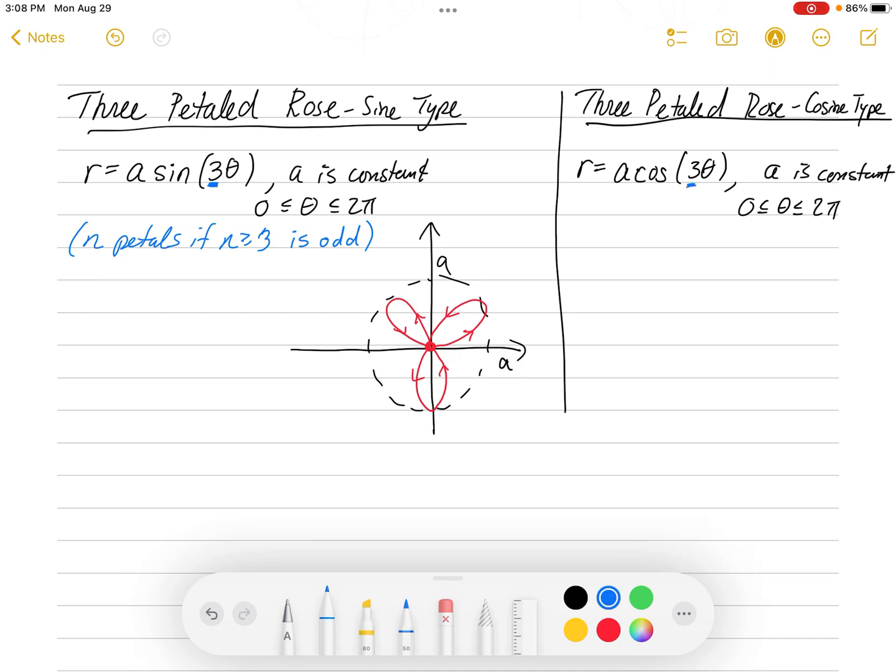Now this number 3 here is the number in front of the theta within the argument. So when you have an odd number bigger than or equal to 3, you're going to have a rose with n petals. So here we have n petals, which is 3 petals in our case, if n is greater than or equal to 3 and odd.